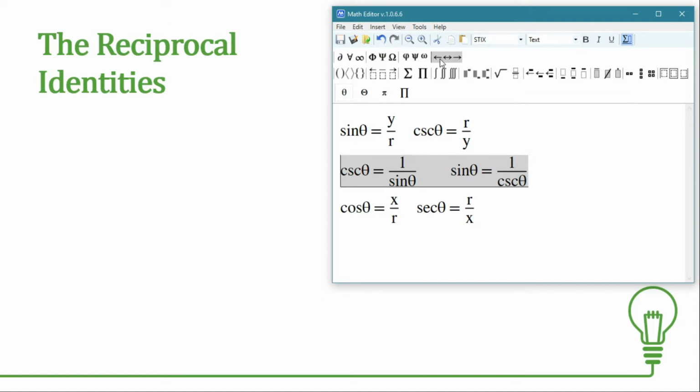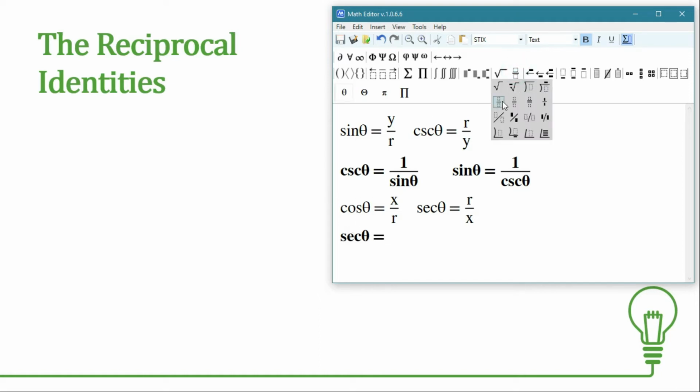Applying the things that we have applied from the previous one, we can represent the secant function of an angle as the reciprocal of the cosine function, which is 1 over the cosine function of an angle.